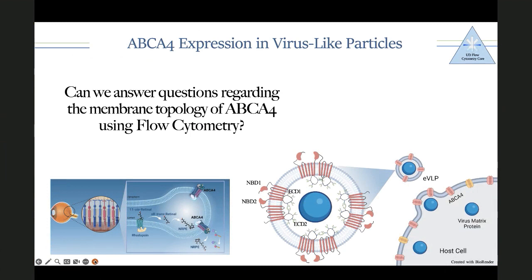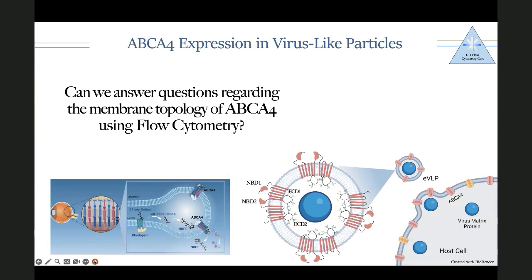In the photoreceptor cells of the retina, the ECDs are inside the lumen, while the NBDs are on the cytoplasmic side, projecting outward into the disc structure. We were curious if the same topological organization would be observed in our VLP system, with NBDs outward facing on the VLP membrane structure.